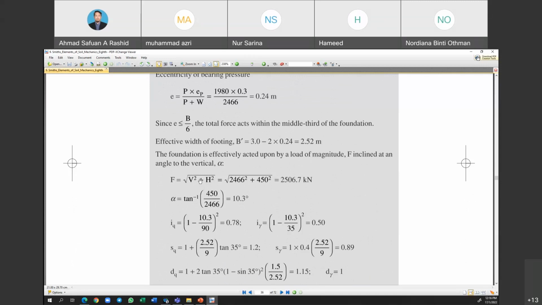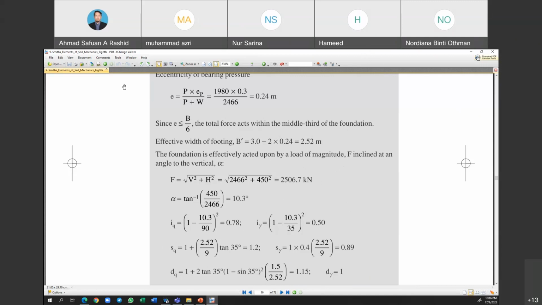Use the square root of H squared plus V squared. Then the alpha is the tangent of 50 over 220. So you need to get the alpha value.